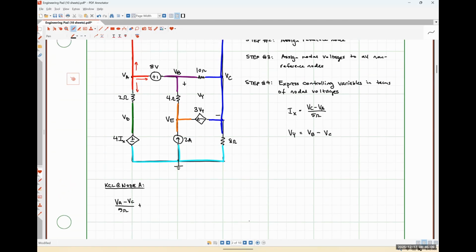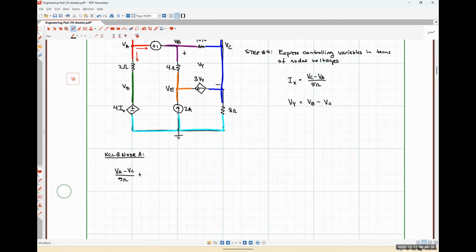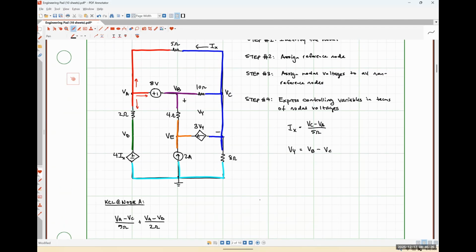And the current flowing down is just going to be VA minus VD over 2 ohms. Again, very easy, very well behaved. Now we've got the current flowing to the right through that 8-volt source.